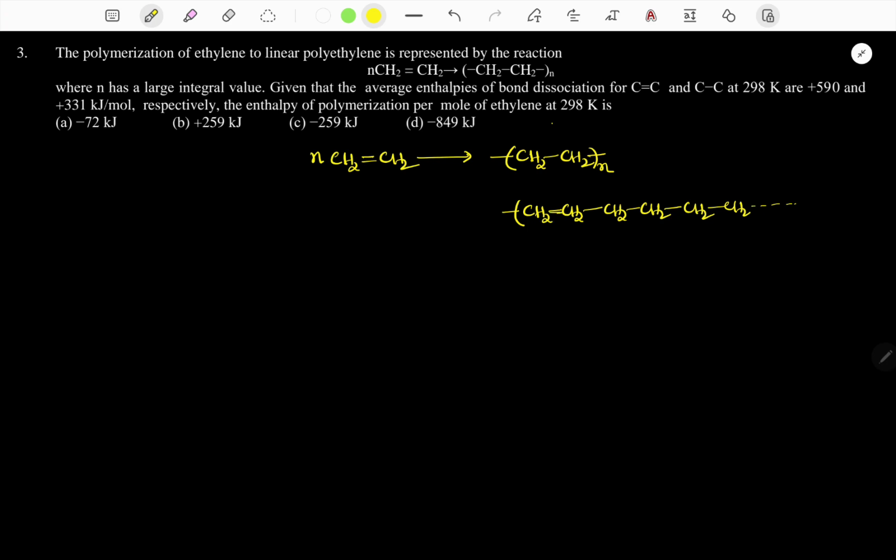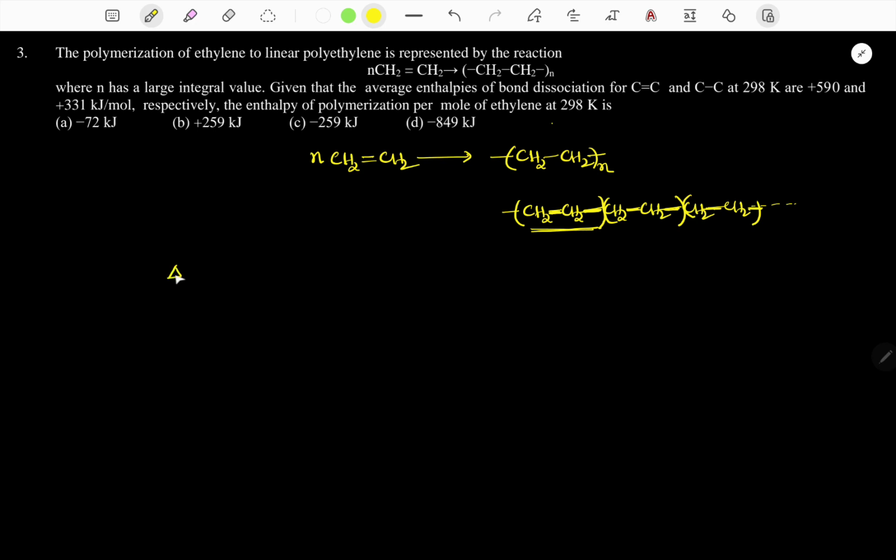So here, 2 C-C bonds for one monomer. Per each monomer we are having 2 C-C single bonds.